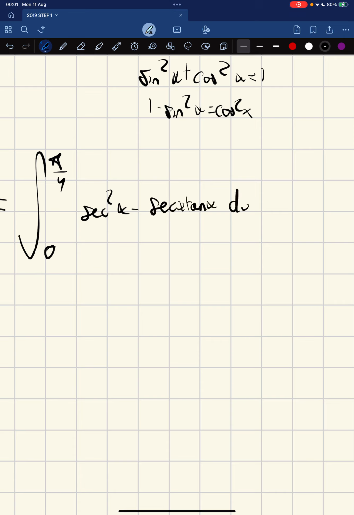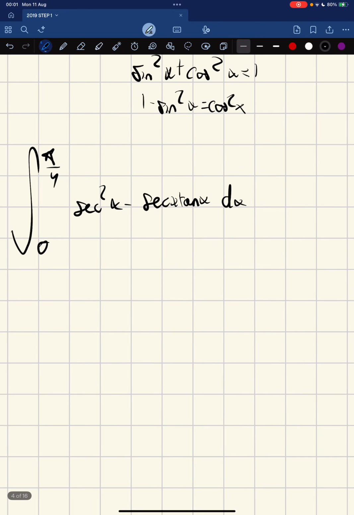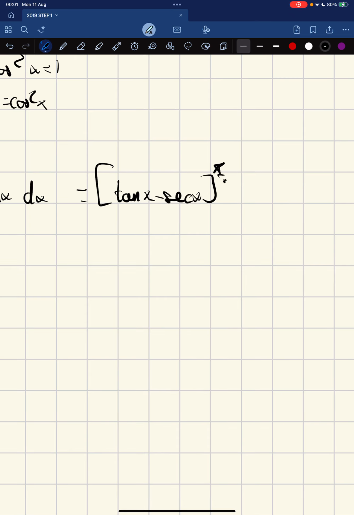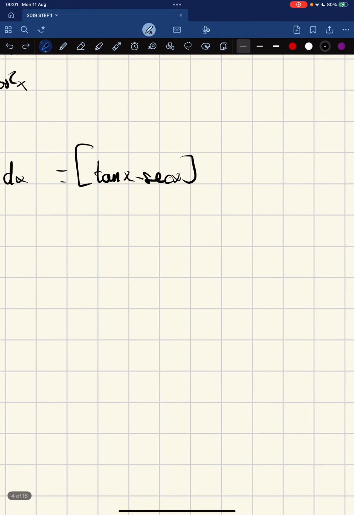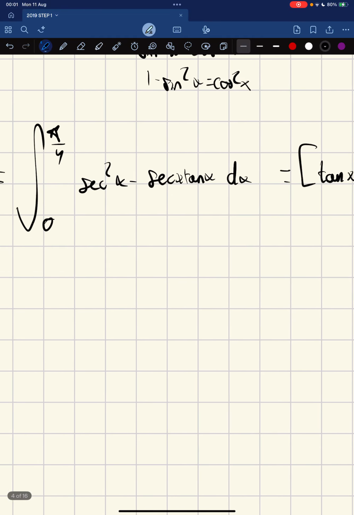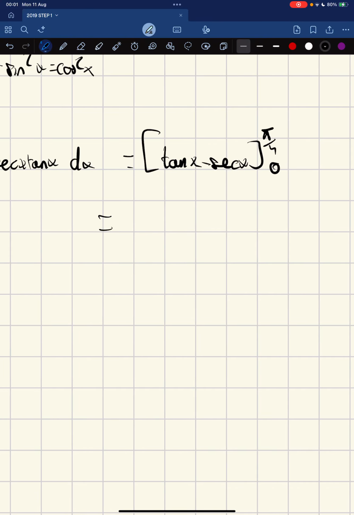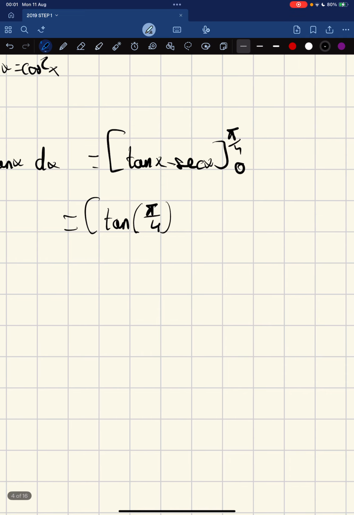Now these are standard results, so we get tan of x minus sec of x, because to differentiate tan x we get sec squared, and to differentiate sec of x we get sec x tan x. Now we get this result from the fundamental theorem of calculus.